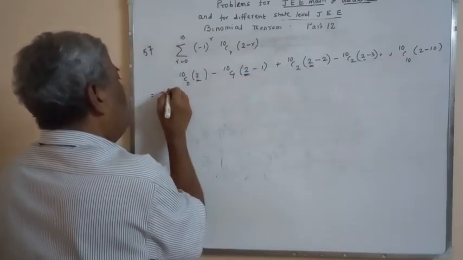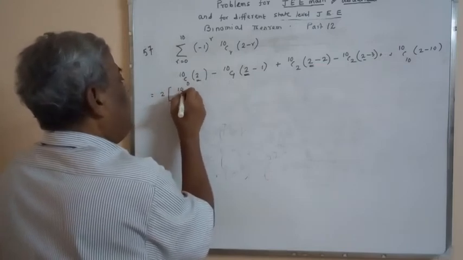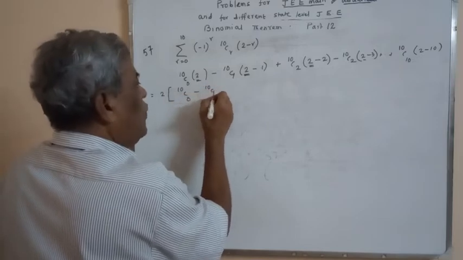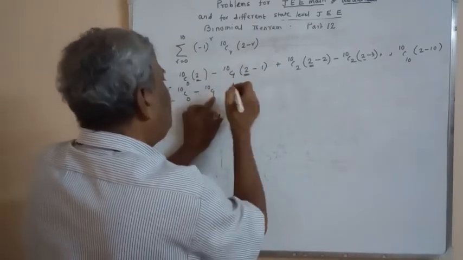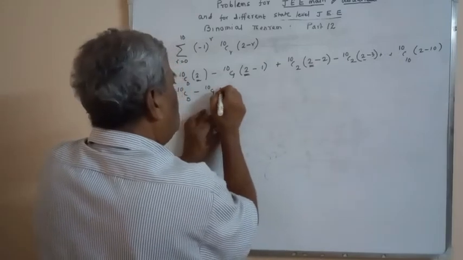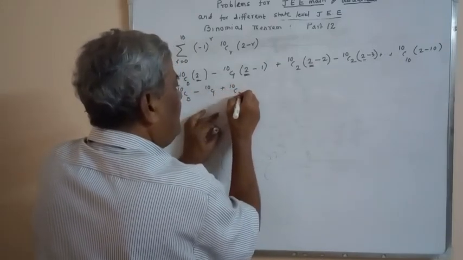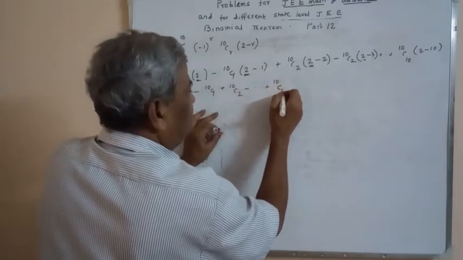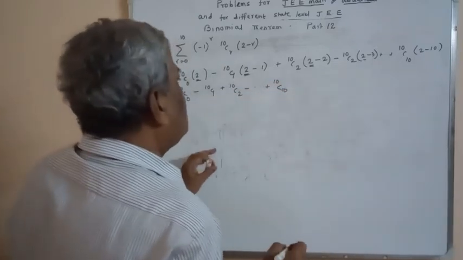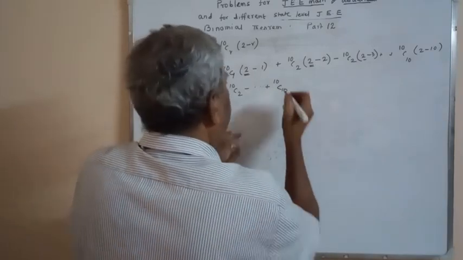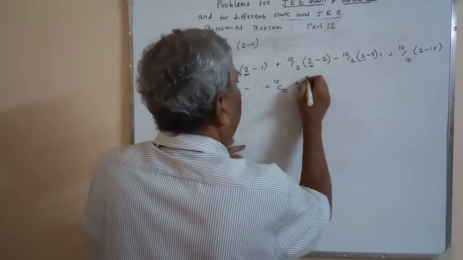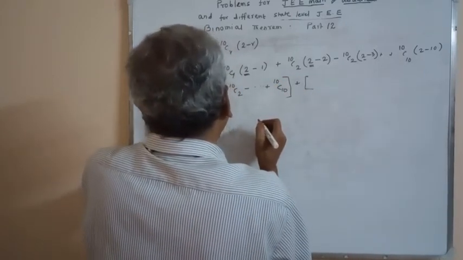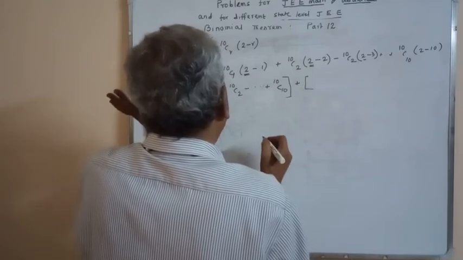So taking 2 common, this is equal to 10C0 minus 10C1 plus 10C2 minus this way 10C10. Then the next one is plus, nothing is there, so 0 into something is 0.